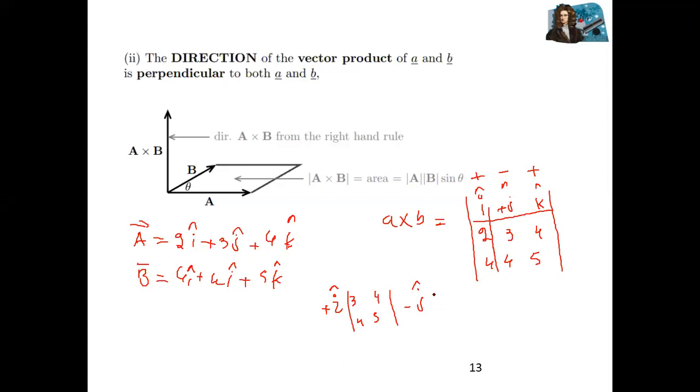Again, this J is present in the first row and also in the second column. So the second column and first row are finished. We are left with only 4, 5, and 4, 5. Great. Last one is plus k.